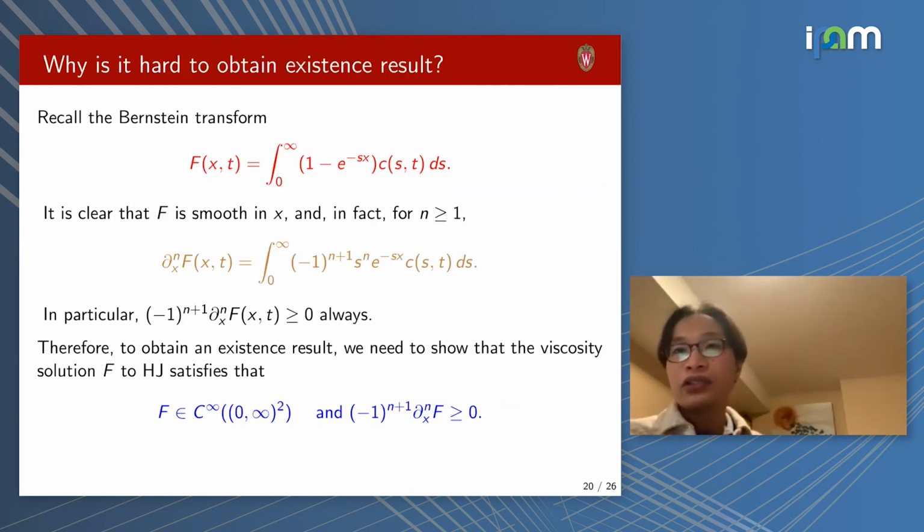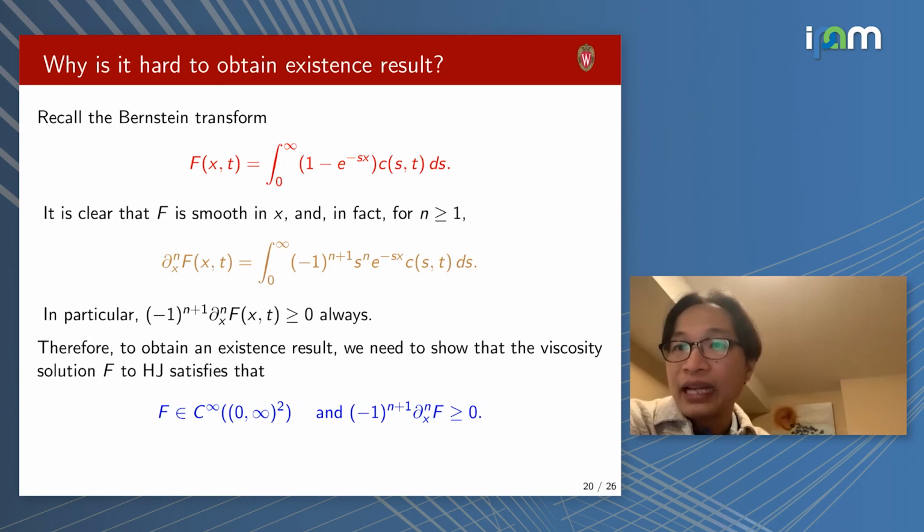It's hard to have existence results here because we look back into the Bernstein transform. F is given by this integral, and it turns out that you can differentiate F as many times as you like, right? You can differentiate n times, for example. If I differentiate n times, I get the quantity I wrote down there, which is well defined.